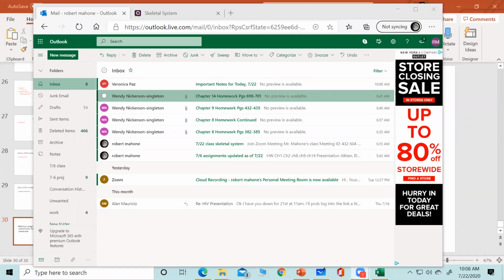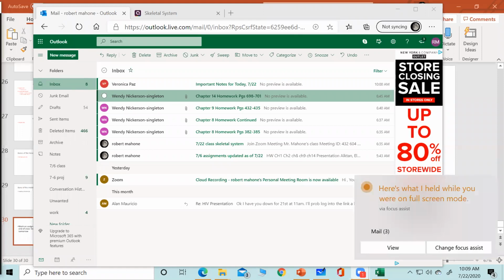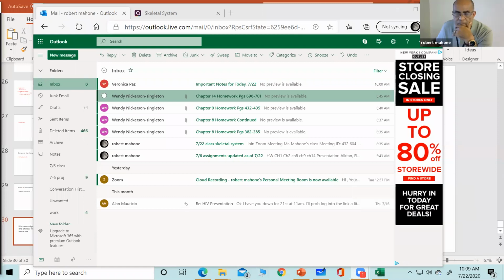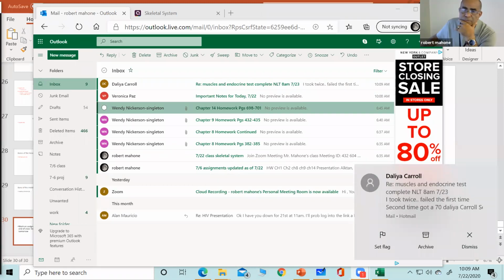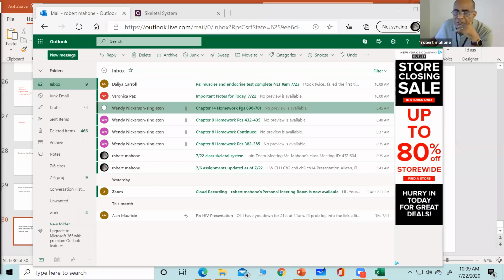Mr. Mahone, it was Sarah, and she was saying that on the reviews, it says bones of the fingers and toes is phalanges on the notes, but on the test, it's actually carpals. Phalanges is the correct answer? Yes, phalanges is the correct answer.